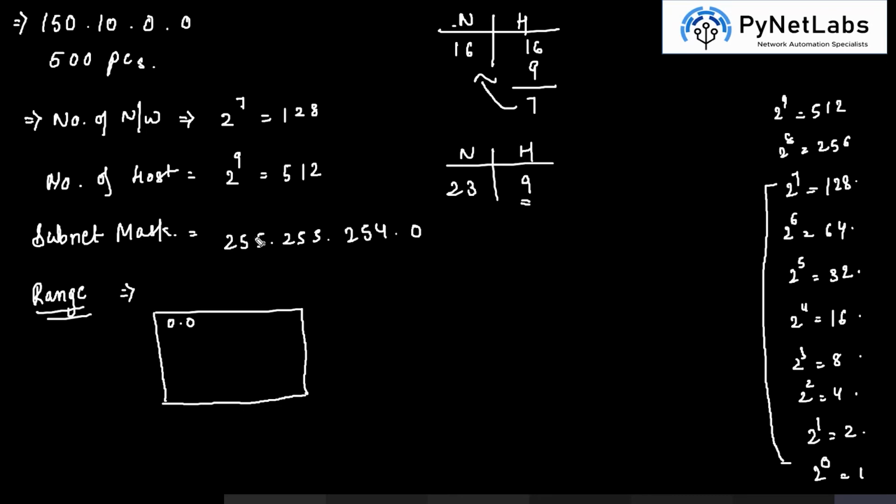Okay, let me help you understand this with a trick you can use to find the range, and you just have to subtract the subnet mask from 256. So the last octet which is being modified, you just have to subtract it from 256. You will get the distribution of IPs. So you get 2.0.